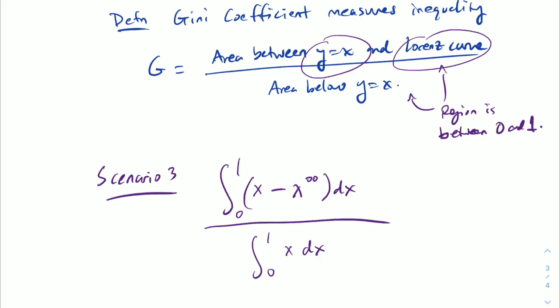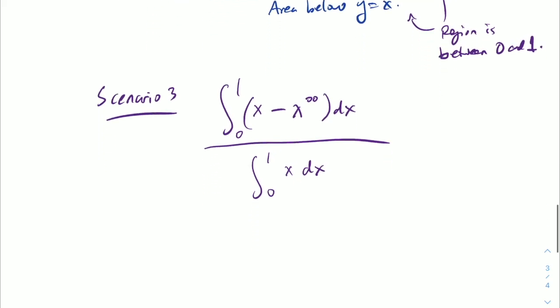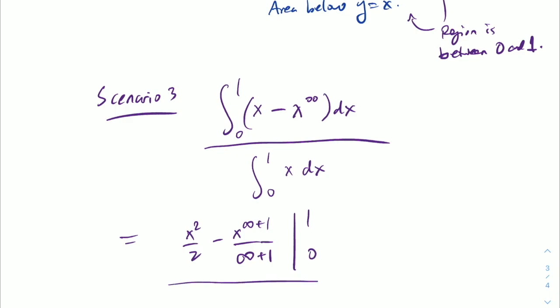And now we can compute the Gini coefficient for this. So x becomes x squared over 2, x to the infinity becomes x to the infinity plus 1 over infinity plus 1, and then we put 1 and 0 into that. And again, we'll get x squared over 2 with 1 and 0 at the bottom. If you put 1 at the top, you'll get 1 half minus 1 over infinity plus 1.